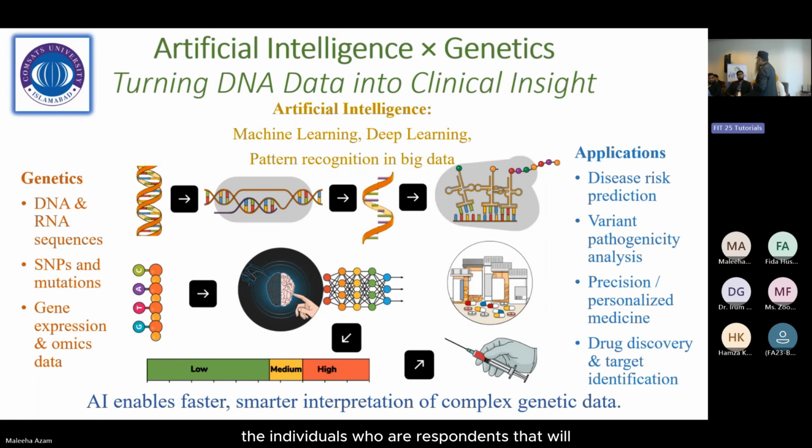The individuals who are responders will have those therapies, and those who are non-responders will be looked at for other options. So this is the beauty of our data: when we combine all this, we can treat patients very well according to their genome.